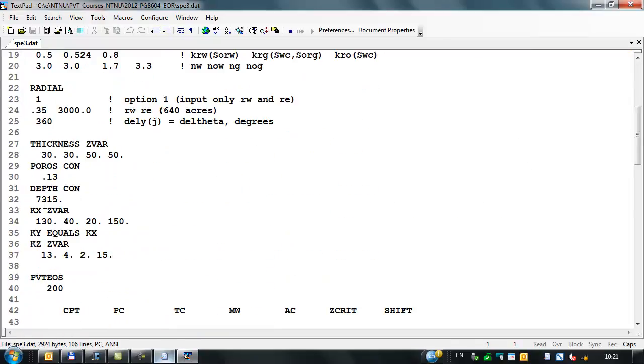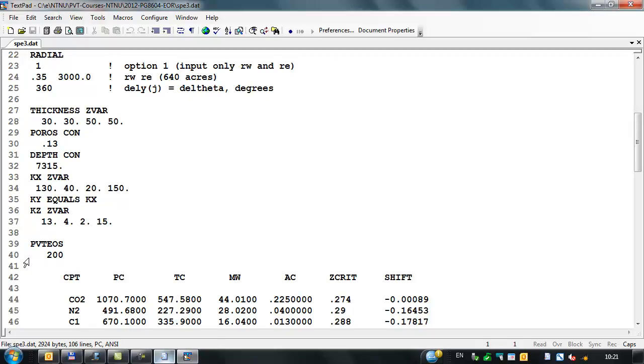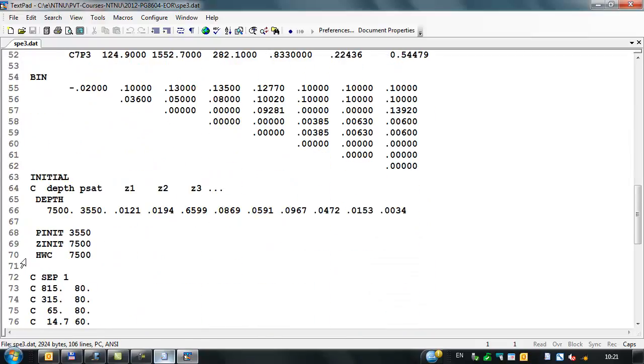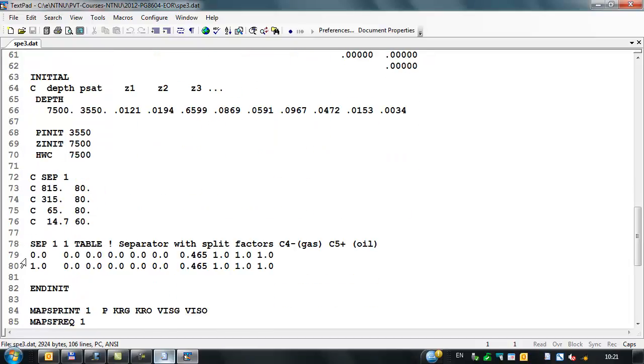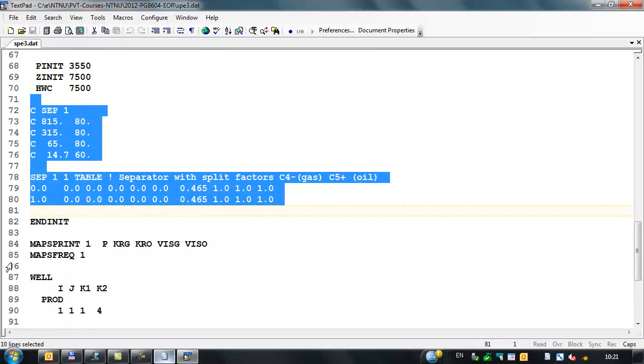I think this is a simple radial model. It's not the 9x9 4-layer. It's just a simple radial model. And then we've got the EOS. Here we've got the two different ways of doing surface processing.